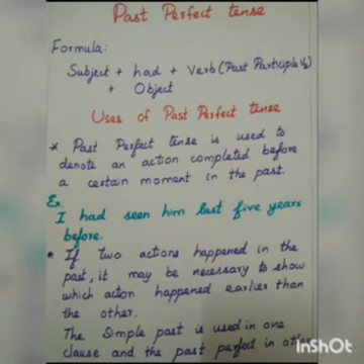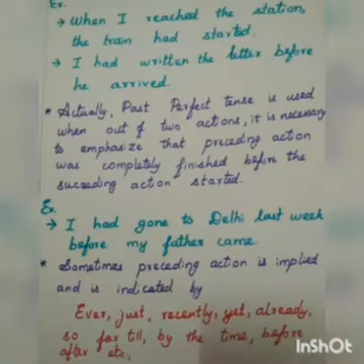Whenever there are two actions in the past, simple past is used in one clause and the past perfect is in the other one. We have to understand past perfect tense with these examples.